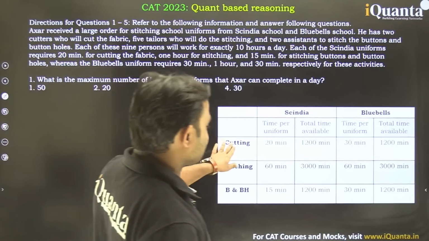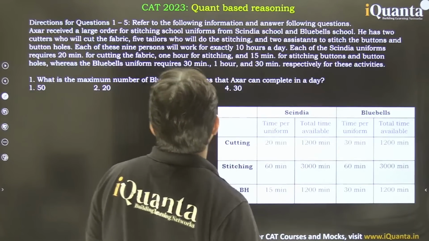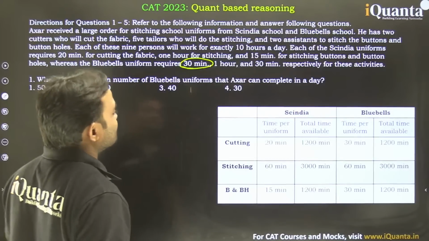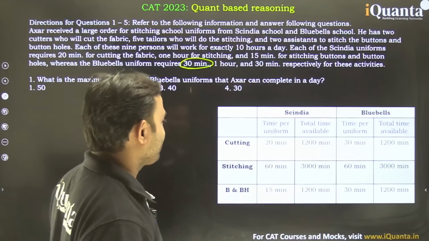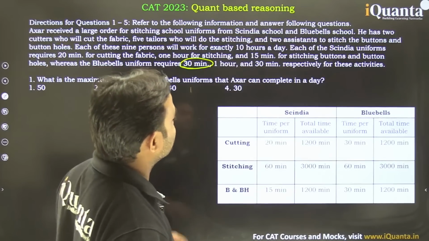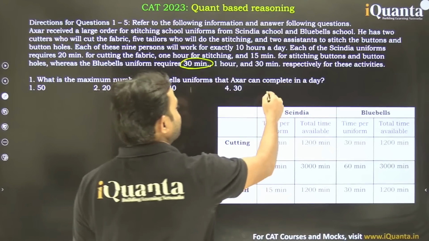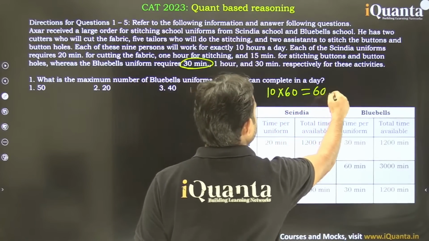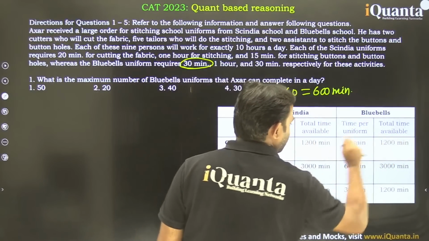There are 2 cutters, right? And each cutter requires 30 minutes to cut one Bluebells uniform. So total time 10 hours, 10 into 60 is equal to 600 minutes, right? 600 minutes, 2 cutters, so 1200 minutes.